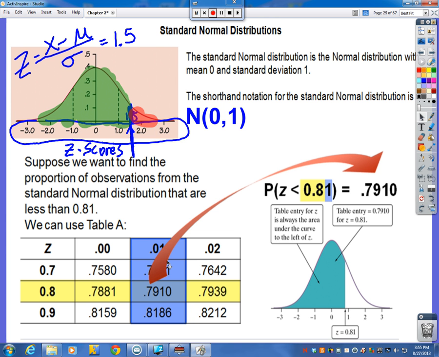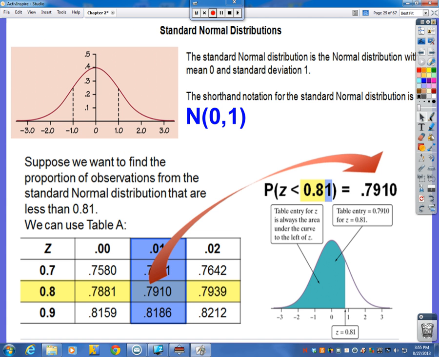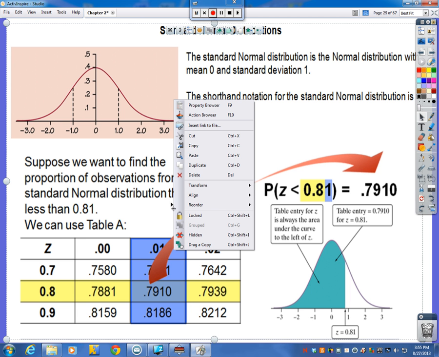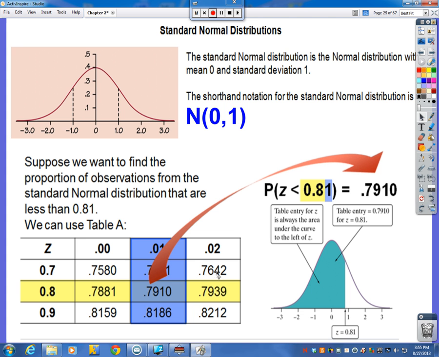Now, with the next thing we're about to do, we're going to start getting into more calculations. There are tables in the back of your book that give you specific z-scores to tell you the percent, or really the proportion of area under the curve at a certain z-score. We're not, in elementary stats, going to use this table at all. In AP stats, again, not really going to use the table.